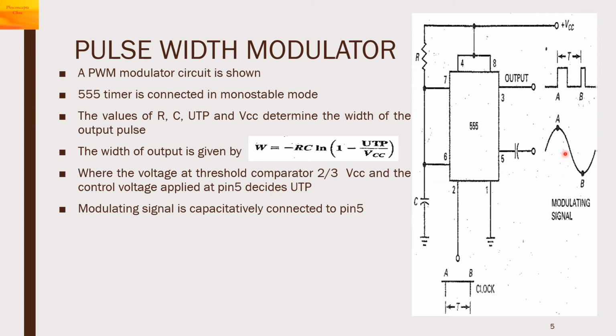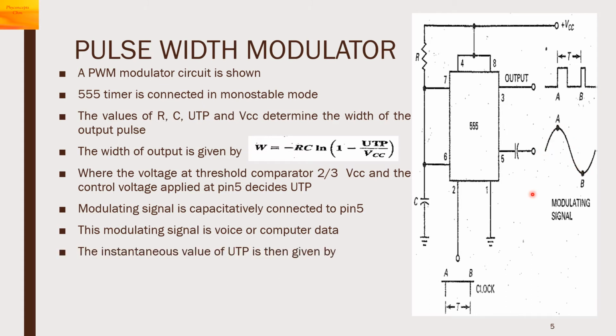The modulating signal, as you can see, is applied to pin number 5. This modulating signal is a voice or computer data which is varying continuously. The instantaneous value of UTP is then given by 2/3 of VCC, that is the reference voltage. In that we will also have to add the modulating voltage V suffix mod.